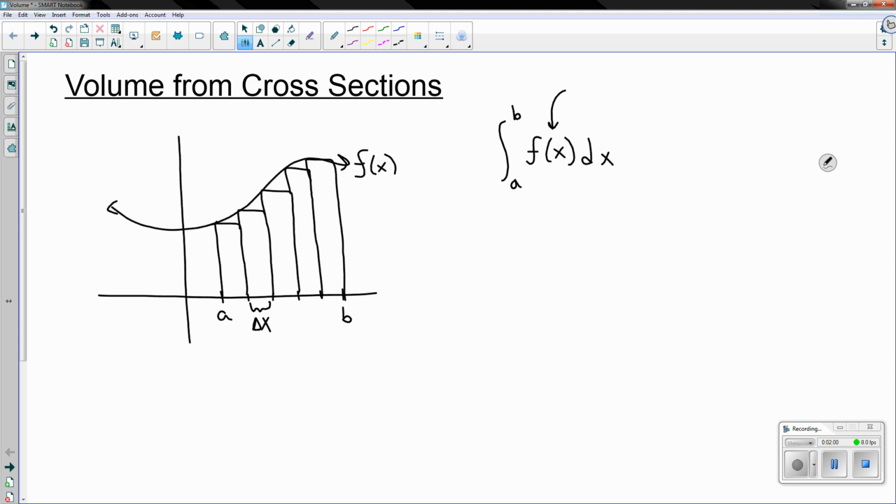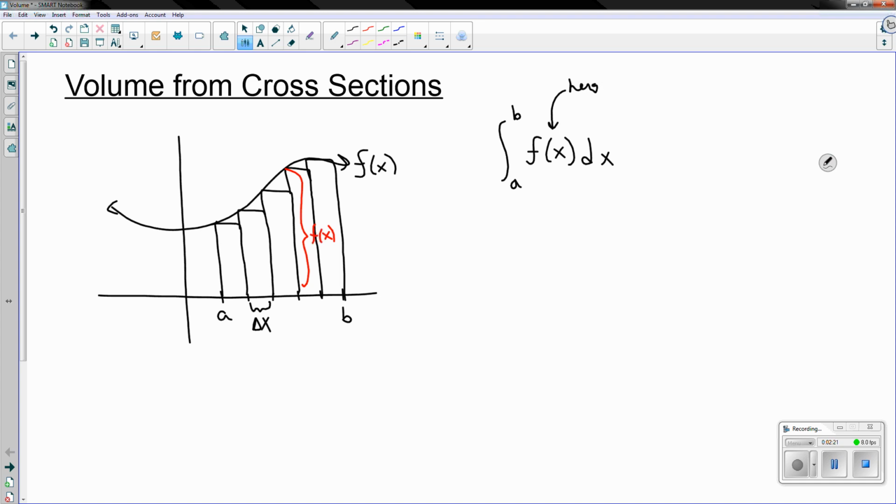And we can see on our picture that the distance from the x-axis to the function curve is in fact f of x. So that represented our height. We also learned that dx could be thought of as the difference between x values, or our delta x, which is ultimately our base length.